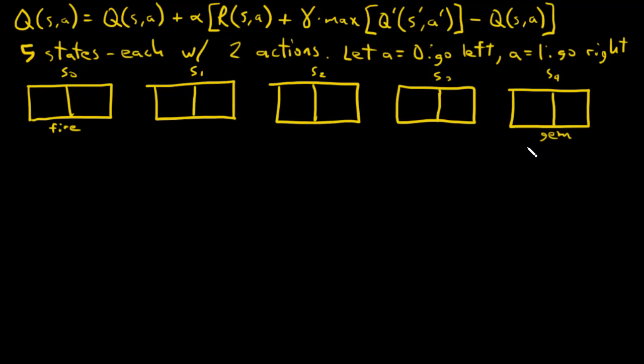Okay, so what I'm going to do now is populate these states with actions, where this is 0, 1, 0, 1, 0, 1, 0, 1, and 0, 1. So these are 0, I head left, 1, I head right.